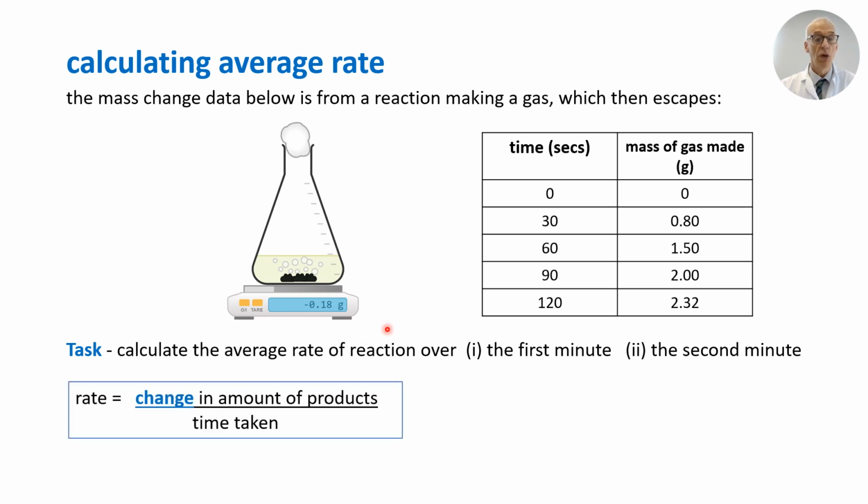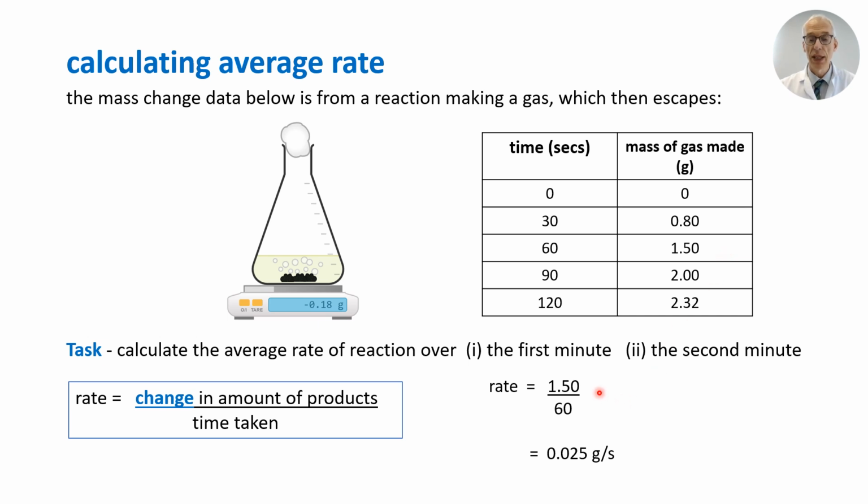Okay, so rate is going to be change in amount of products over the time taken. The gas is a product, so we're measuring the mass of product made. So change in product over time taken. So in the first minute, we start with 0 grams of gas, and at 1 minute we have 1.5 grams of gas made.